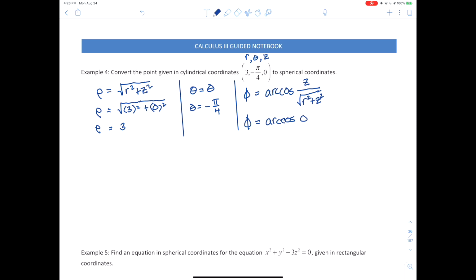And so what do we get for that? Beautiful. Phi is equal to pi over 2. Cool, cool? So now there you have it. 3, negative pi over 4, 0 in cylindrical coordinates is equivalent to 3, negative pi over 4, and pi over 2 in spherical coordinates.